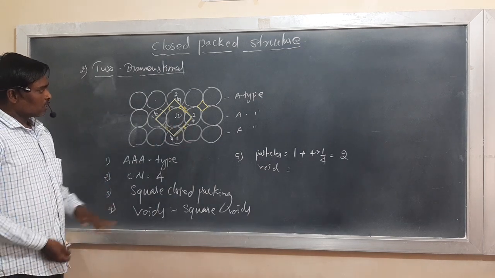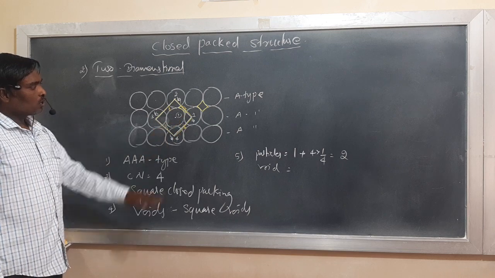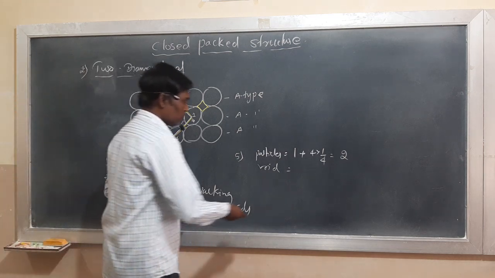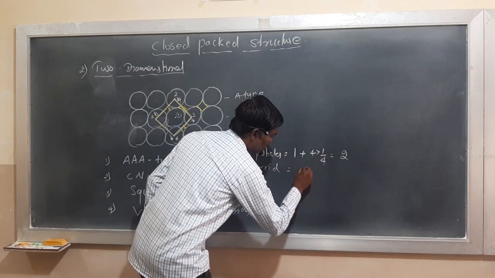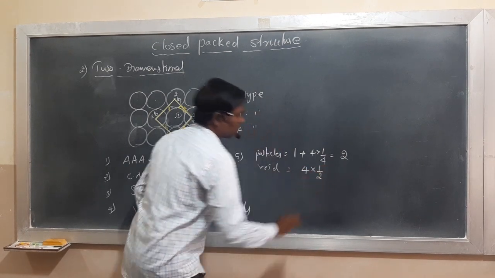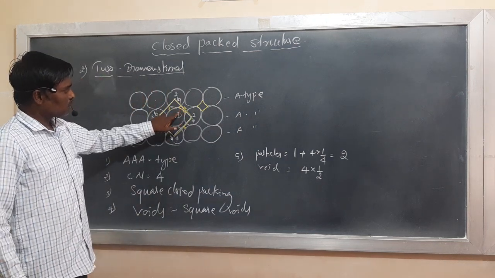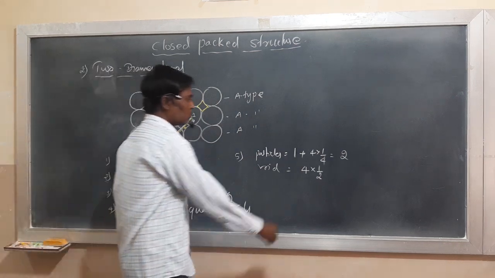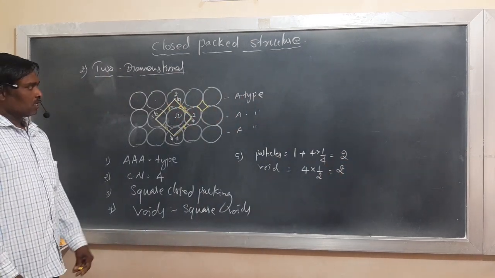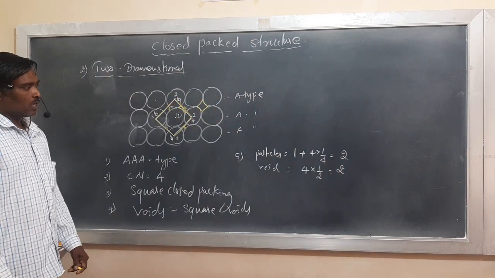That means there are 4 half square voids present in that square. So the total number of square voids is 4, and each square void is only half present in that square. Therefore, it is equal to 2. So here the 4 particles will form 2 voids.